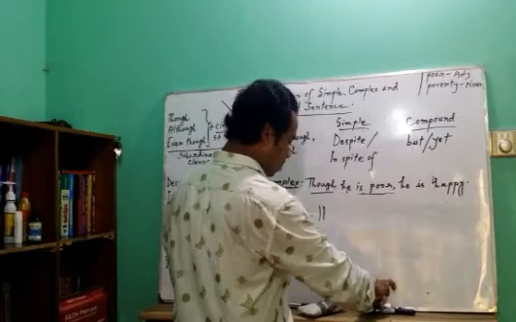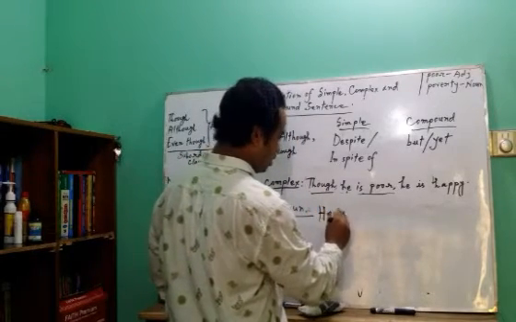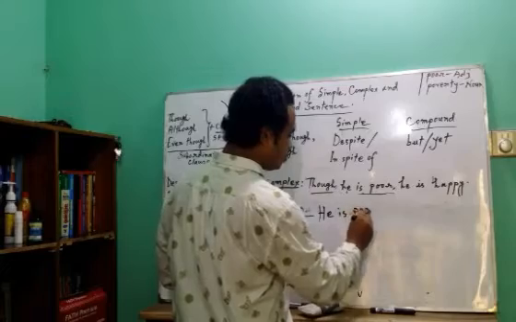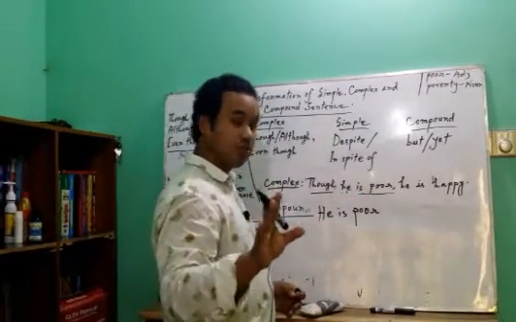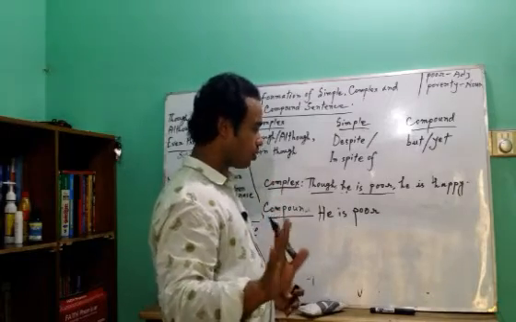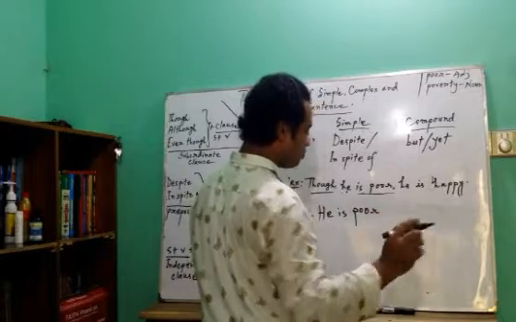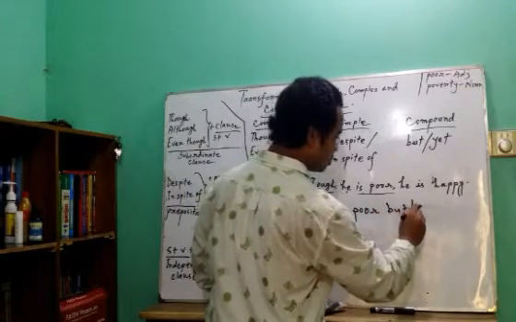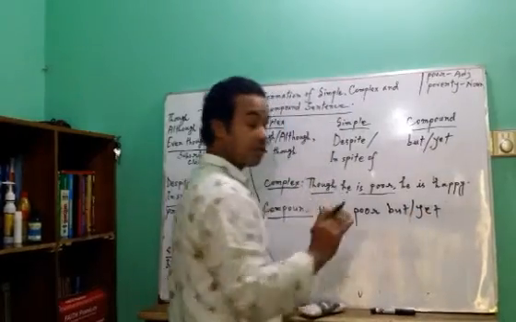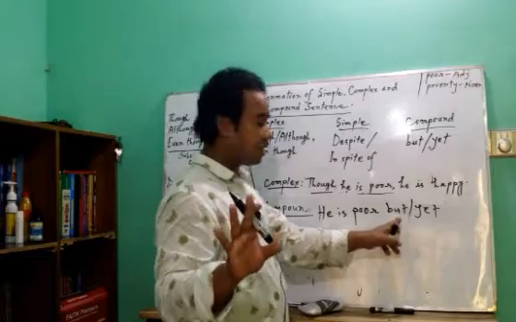It would be he is poor. He is poor. And in place of comma, you can use comma, no problem. In place of comma, we use but, or, yet.